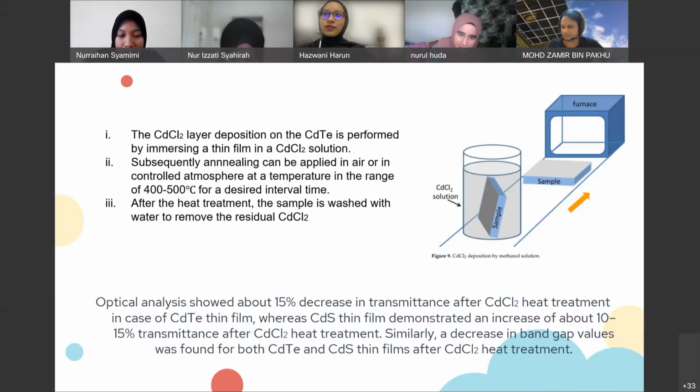Based on what we learned last time: carrier extraction and all the stuff. Haziq mentioned recombination. So if the grain is big, what happens to the recombination? Do you want high or low recombination? As the grain grows big, the recombination is less.